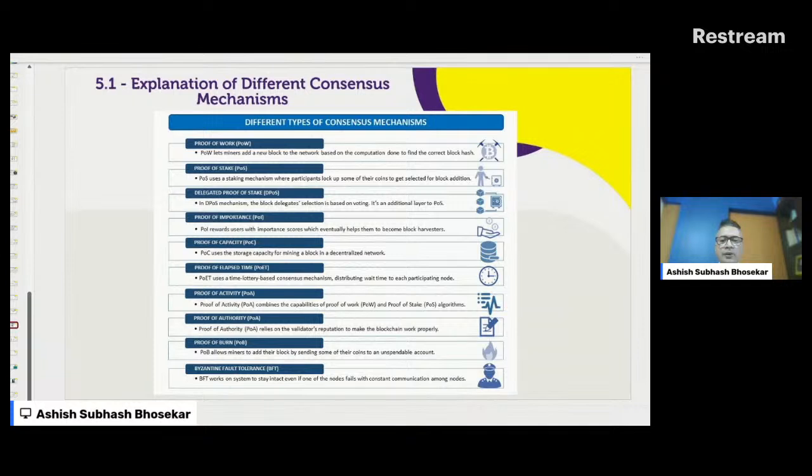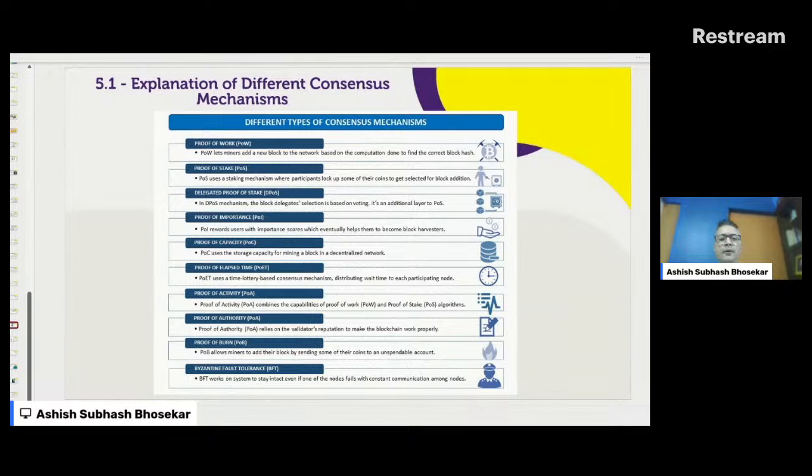So it relies on miners solving complex mathematical puzzles to validate transactions and add them to the blockchain. On the other hand, proof of stake involves the participants staking their cryptocurrency to have a chance at being chosen to validate the transaction. These mechanisms ensure the majority of network participants agree on the transaction.